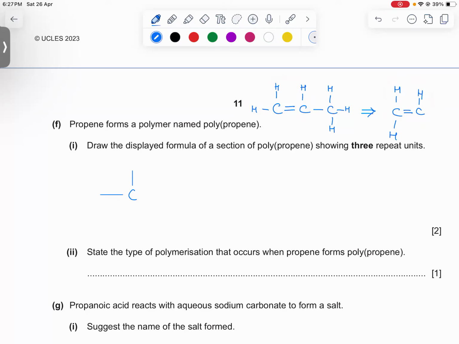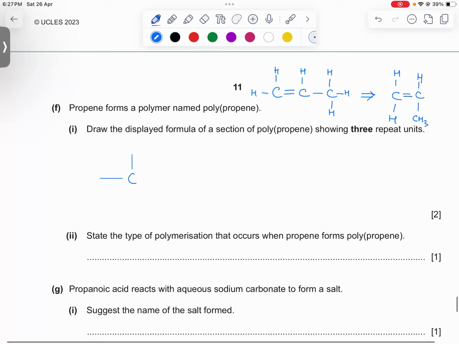Now this side can be condensed into CH3 because it is not going to take part in the chemical reaction. Once you condense it into CH3, shift it down over here. So now this side and this side are empty. Okay, I got it.